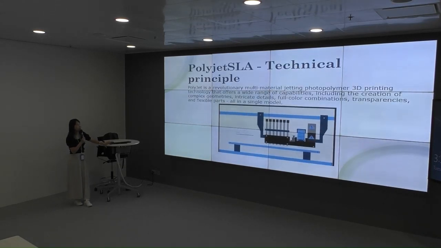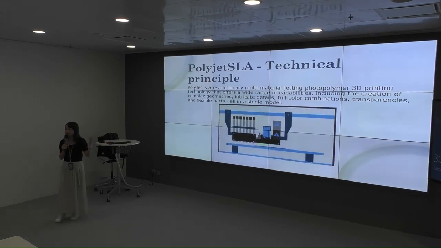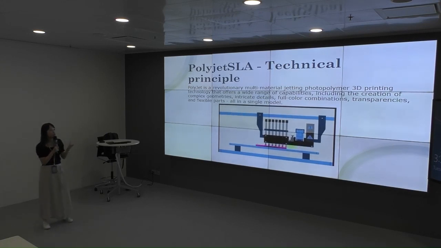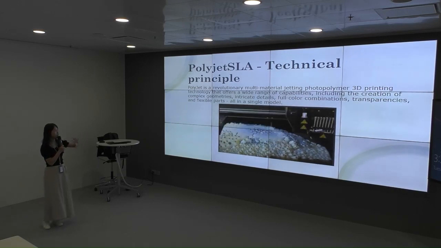And then this one, PolyJet, is our newest 3D printer using PolyJet technology. The print head has around 2,000 nozzles to do the printing. It's different from SLA or FDM, because the color of FDM or SLA is limited by the material.